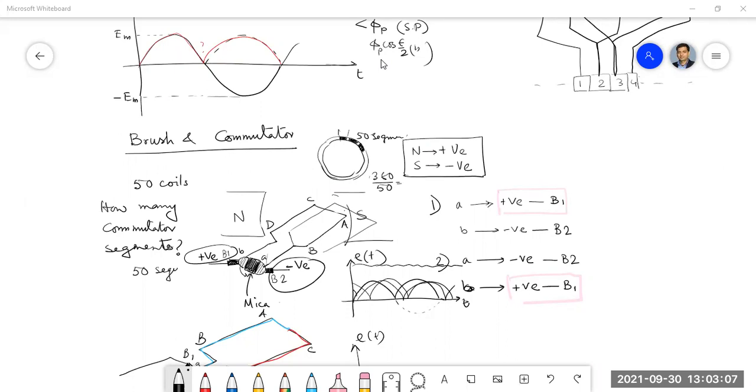Now, what is the answer? Why are you muted? I am asking the question, why are you muted? No, sir, I was pressing the spacebar, that's why it was automatically muted. Tell me, if you know the answer, you tell me.